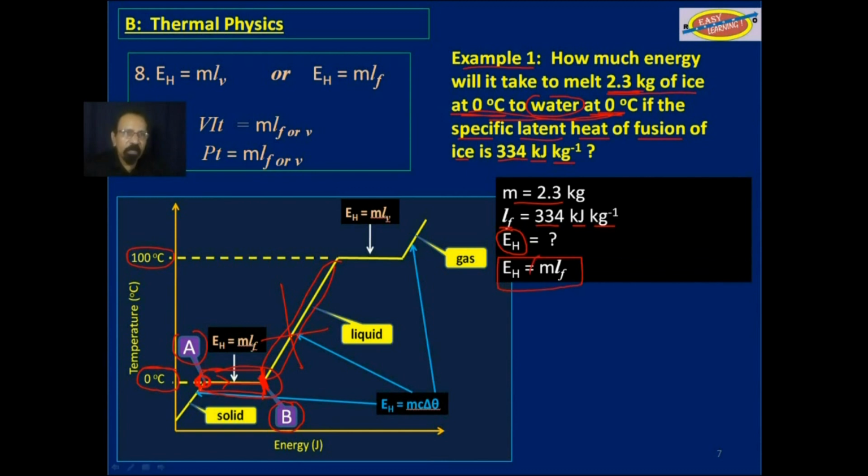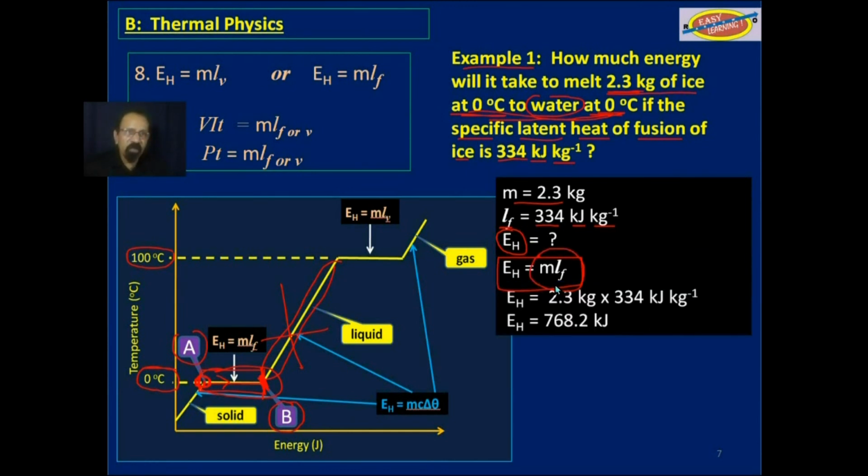We know these two on the right, so we will just substitute them, and we get an answer of 768.2 kilojoules. Since this has two significant figures and this has three, we can only have two significant figures in our answer. So we have to round off where that 6 is, which is the tens position, and we get 770 kilojoules, and that should suffice for CSEC.